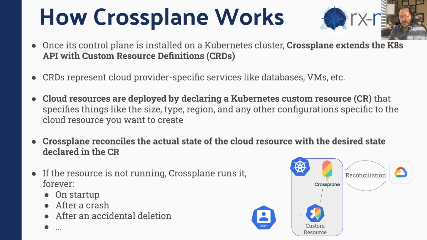Replaces it or starts it back up again. If there's an accidental deletion of some sort of object, right? We do that reconciliation loop and we replace or restart the object with a new one, and it acts exactly like Kubernetes does for internal resources. We're just hooking into cloud APIs and providing that reconciliation loop.